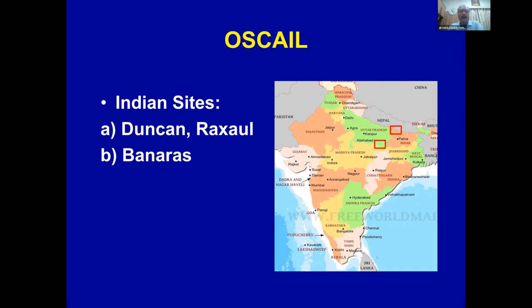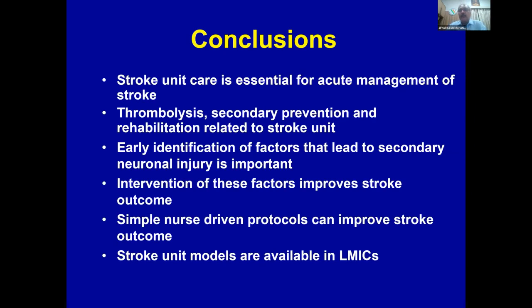So in conclusion, stroke unit care is essential for acute management of stroke. Most of the things happen in the stroke unit: thrombolysis, secondary prevention, rehabilitation, earlier identification of factors that lead to secondary neuronal injury, and identifying these key factors and starting the intervention improves stroke outcome. Many of these protocols can be led by the nurses.